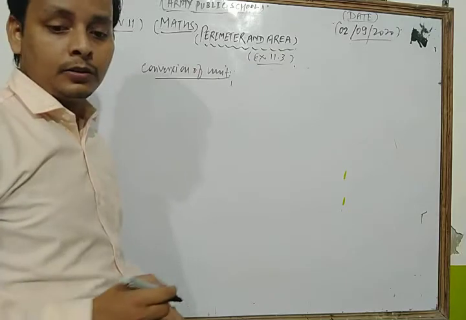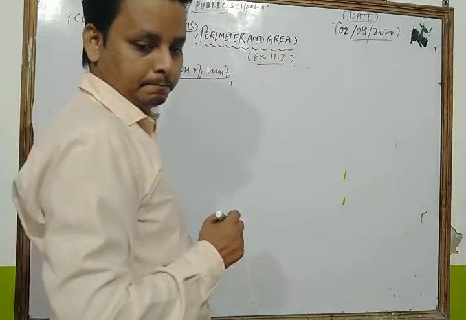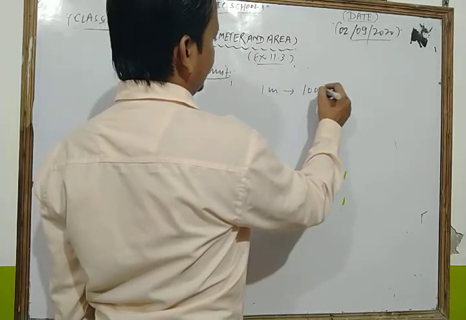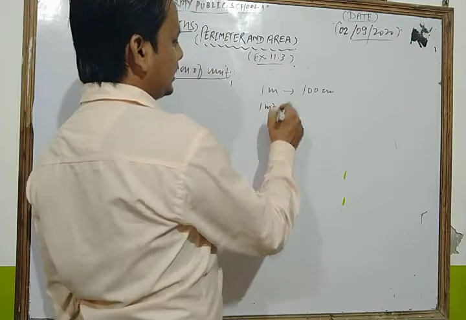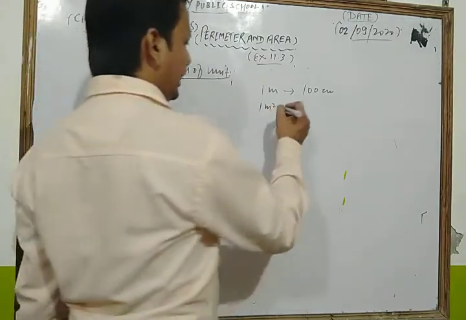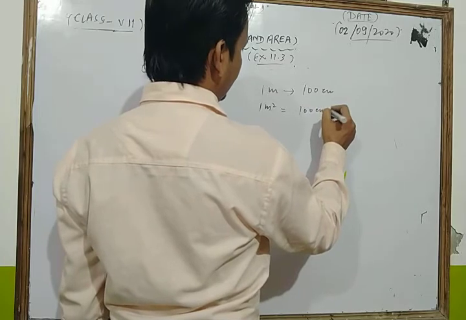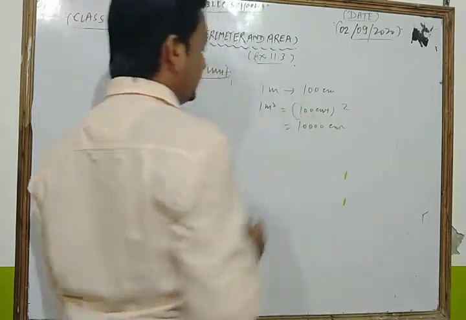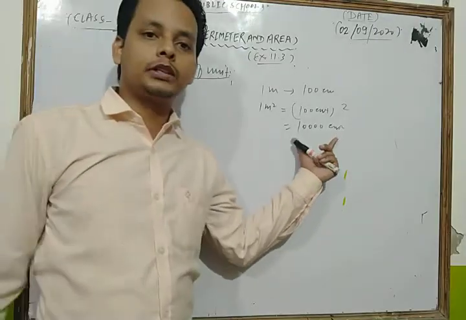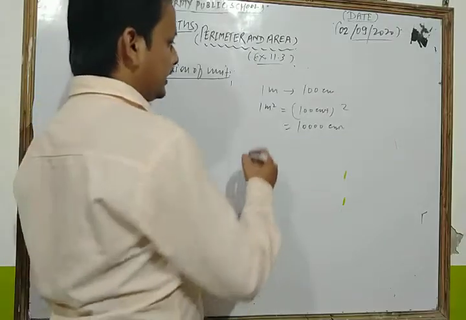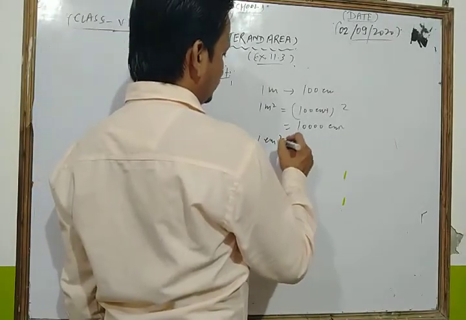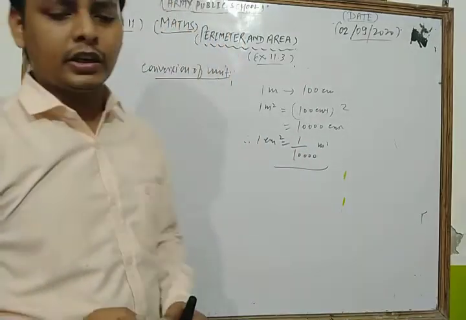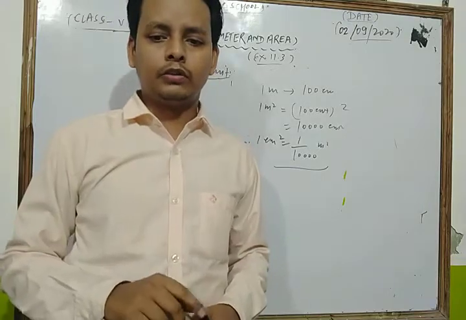Dear students, one important thing you know is that 1 meter is equal to 100 centimeter. Then how many centimeter square in 1 meter square? You know that we write it as 100 centimeter squared, so we get 10,000 centimeter square. It means 1 meter square is equal to 10,000 centimeter square, and 1 centimeter square is equal to 1 upon 10,000 meter square. In this way, dear students, we convert units from one form to another.